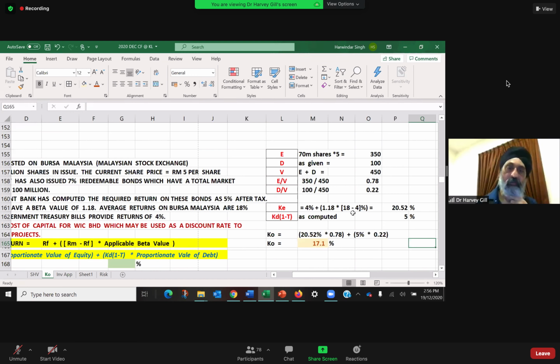Remember the BODMAS rules that your teachers taught you. Brackets first. Okay, got it. Yeah, 18 minus 4 is 14. That's the market's premium for risk multiplied by the beta value for this company, 1.18, and then add on to the risk-free return, 4%. Okay? Got it. Okay. Thank you.